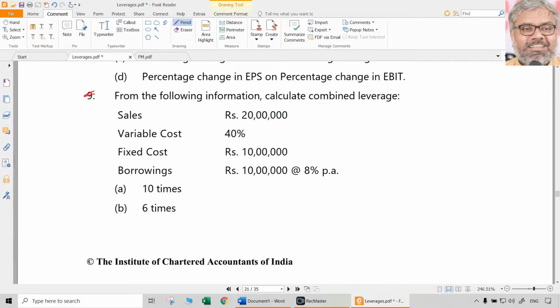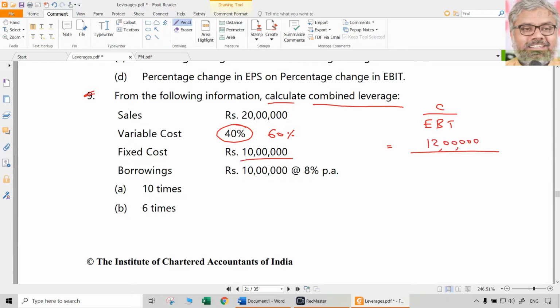Again, ninth question. From the following information, calculate combined leverage. Combined leverage formula here we can definitely use directly. Contribution by EBIT multiplied with EBIT by EBT, that means contribution by EBT will be the formula for combined leverage. So contribution how much? That can be found out easily. So if variable cost percentage is 40%, naturally PV ratio will be 60%. 60% on sales is contribution, that will be 12 lakhs.